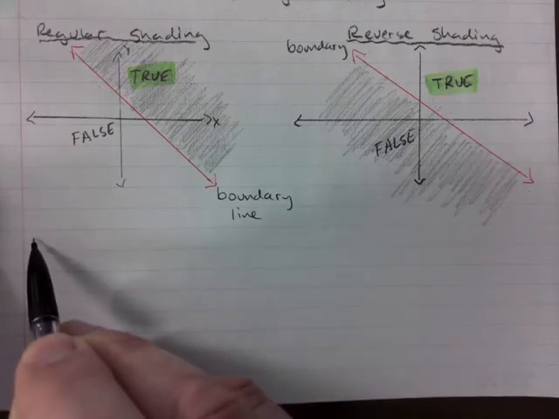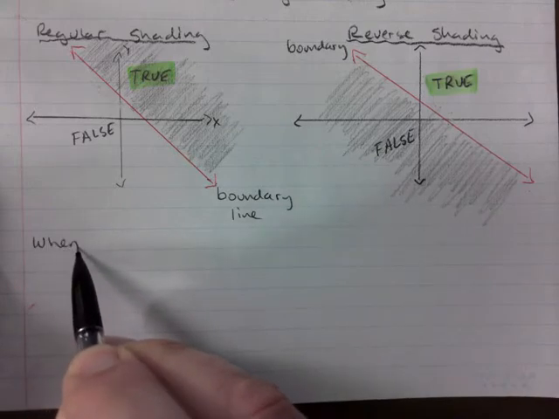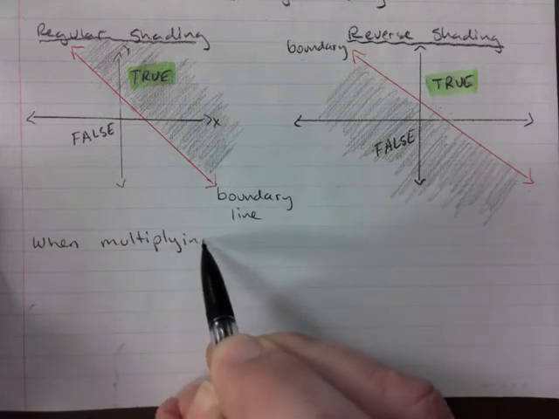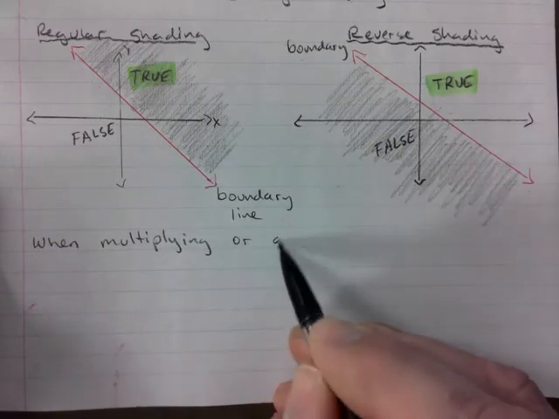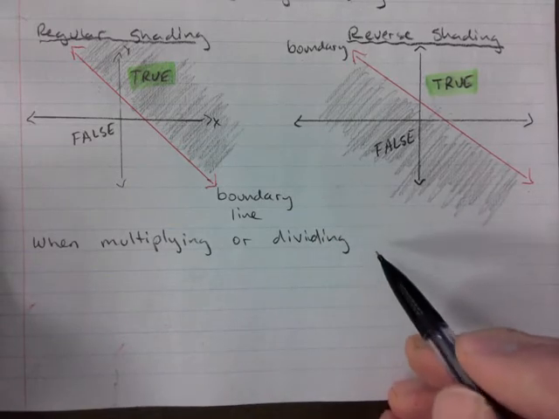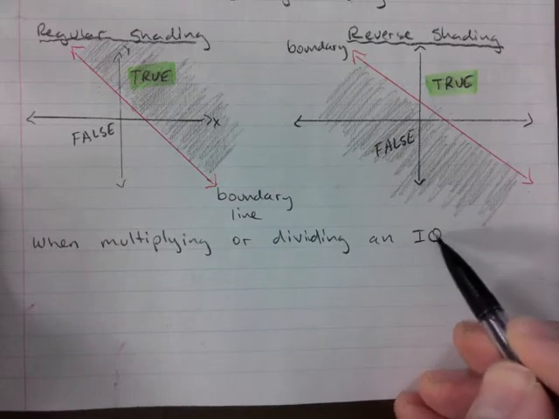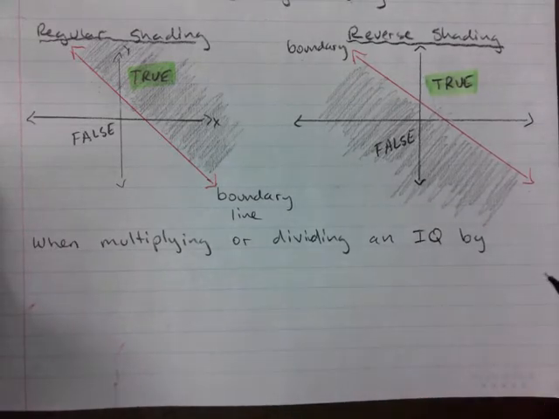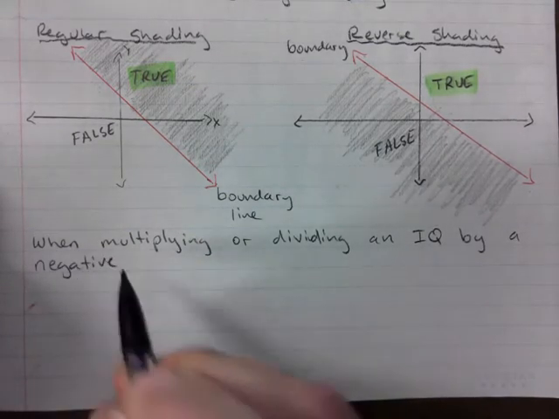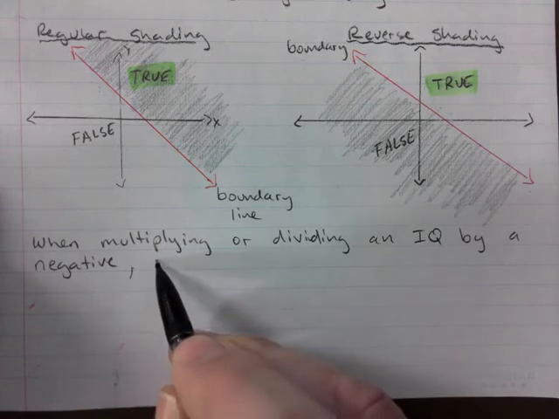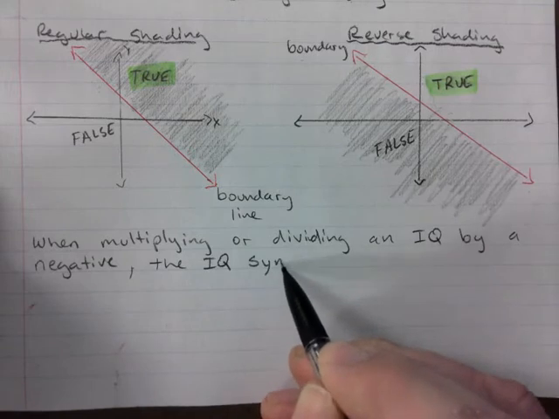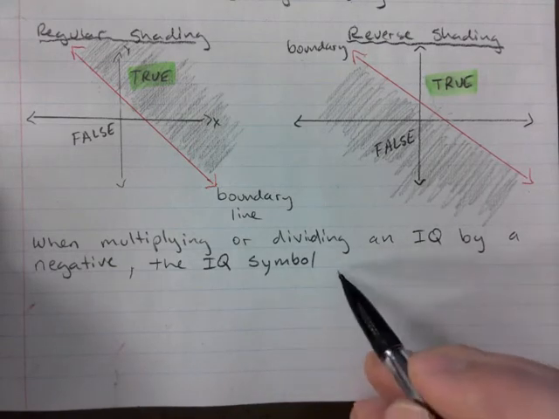This will be boxed in and highlighted: when multiplying or dividing an inequality by a negative, the inequality symbol flips.